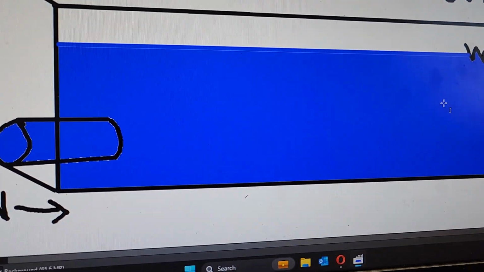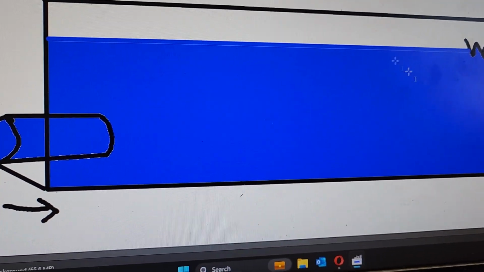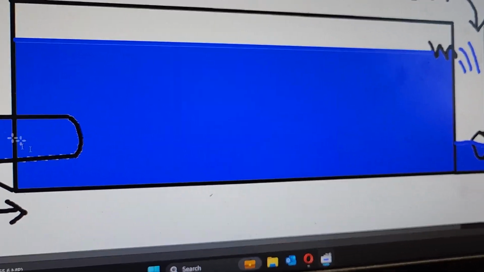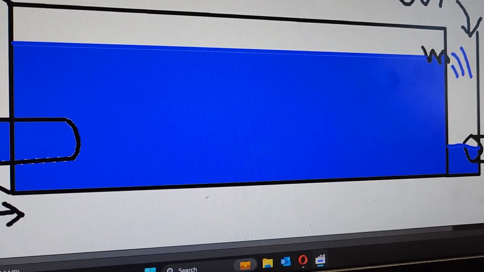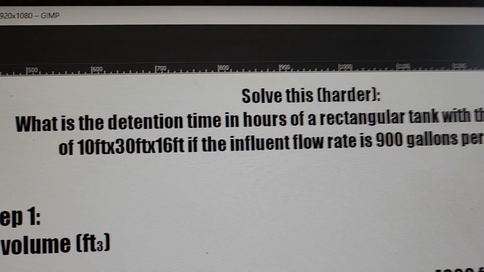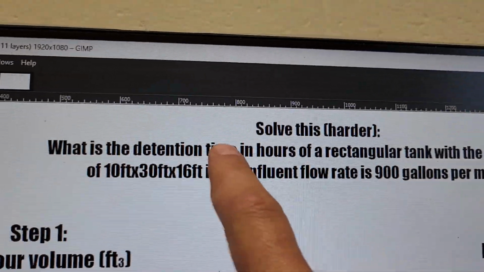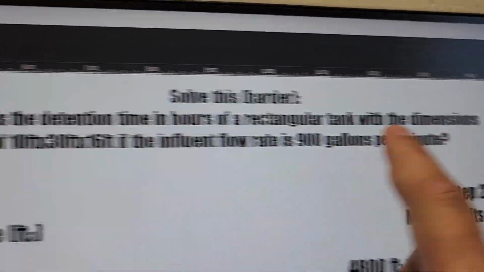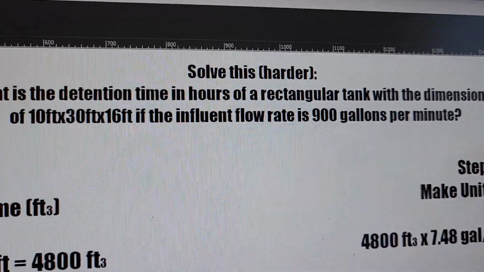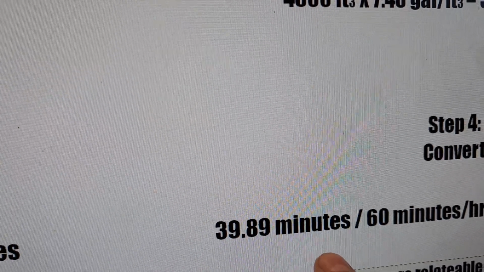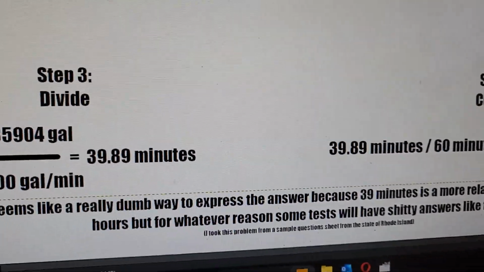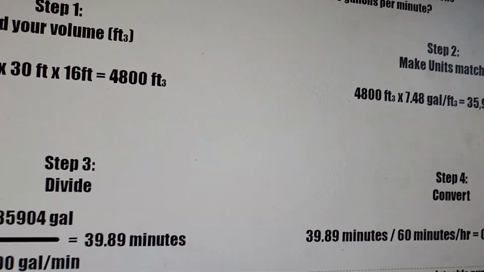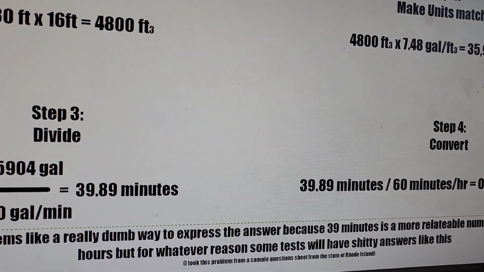I know there are things like head that might slow down your flow of water, but realistically, they're the exact same problem. If I asked how long it would take to fill an empty tank with these exact same dimensions and the exact same flow rate, your answer is still 40 minutes. The volume is the same, the flow is the same, everything's the same. You just have an empty tank instead of a full tank.